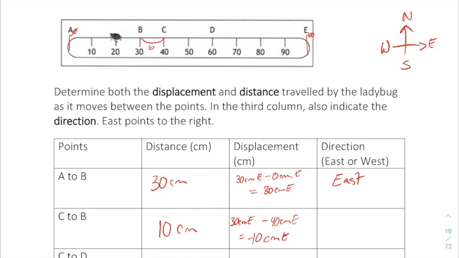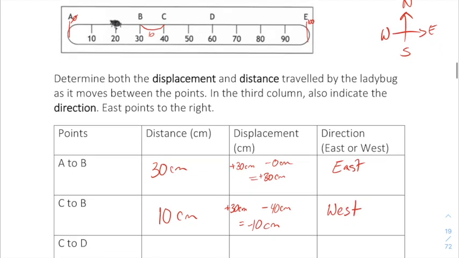Or maybe, let's get rid of the east and west in this calculation, and we'll just look at the bulk movement later. We do need a direction, so we're going to use positive here. So positive 30 minus 40 centimeters equals negative 10 centimeters. And that negative movement indicates that we are moving in a westward direction.